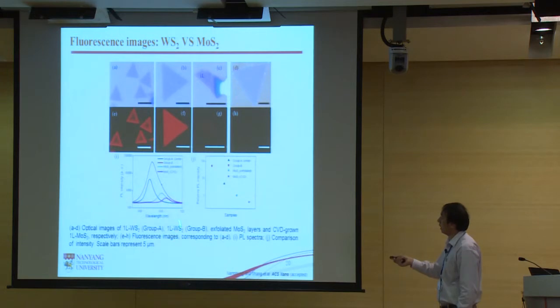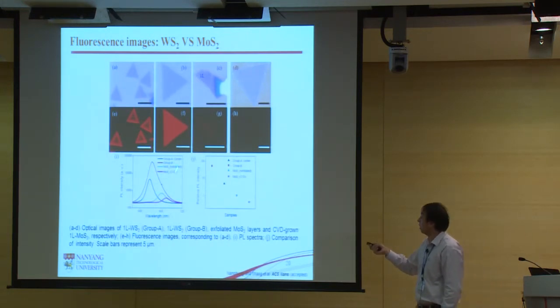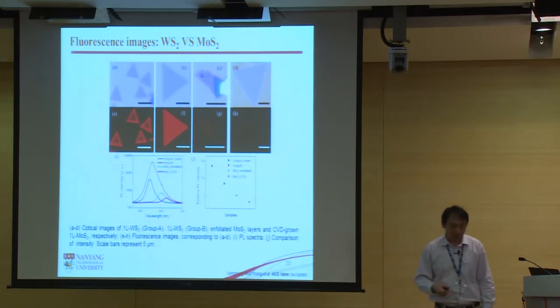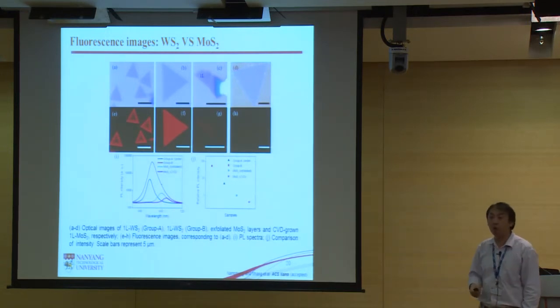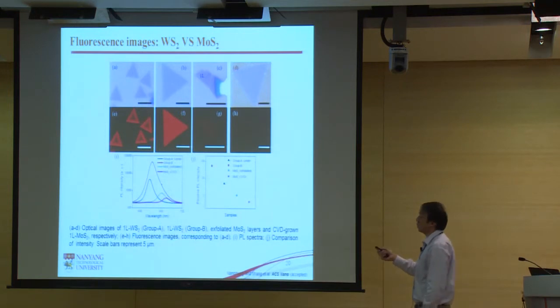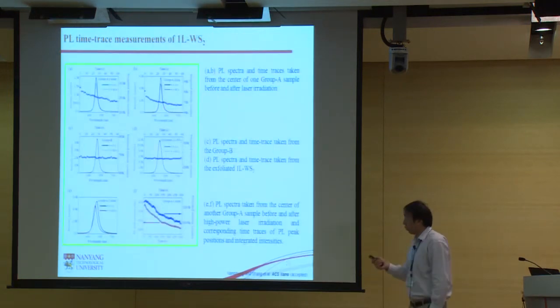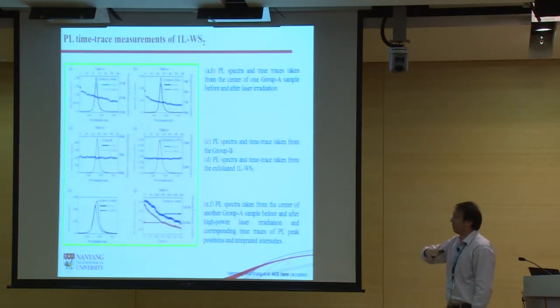Okay, so as you can also tell from here, I would like to point out that this is the log scale. So don't read the line width here, just compare the intensity here. Our S-grown CVD tungsten disulfide could be 2 or 3 orders stronger than the MoS2 from the single crystal. We also studied the time trace.